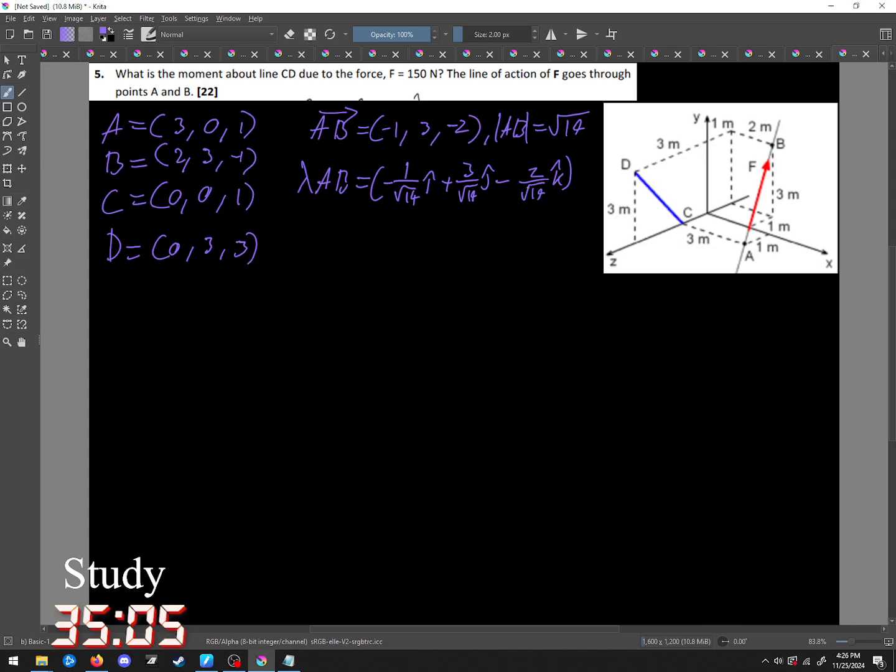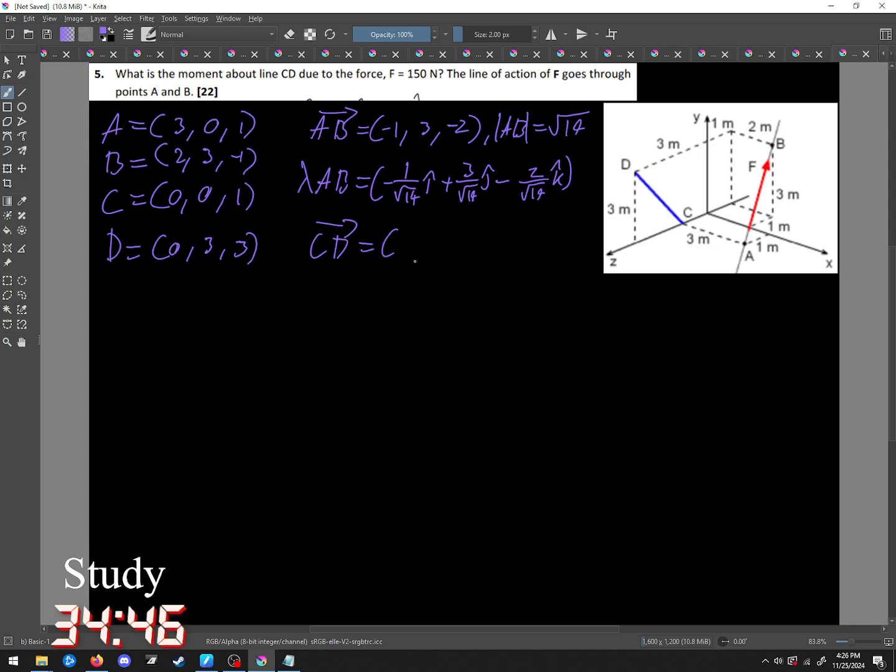So now we've got lambda AB, we have force F. What is a moment? A moment is going to be R cross F. It looks like we also want this for CD.